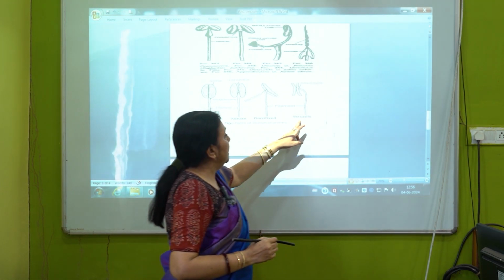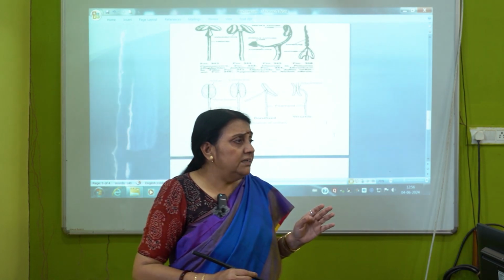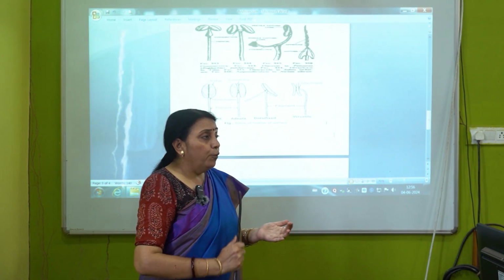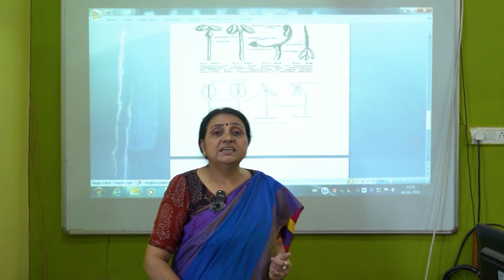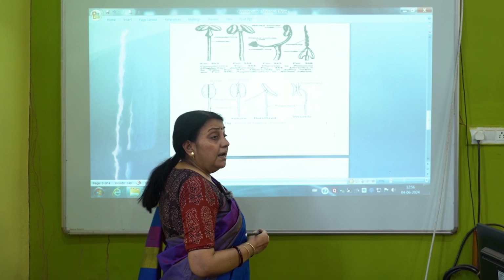And the last one is the versatile. It is a very important and very distinctive feature in the family Poaceae. Actually, Poaceae represents only the versatile type of anther. What is the versatile type of anther?